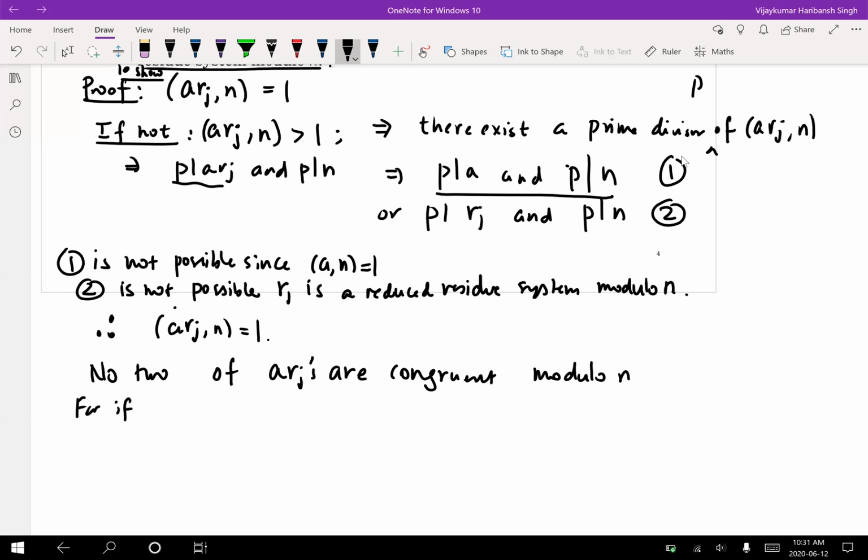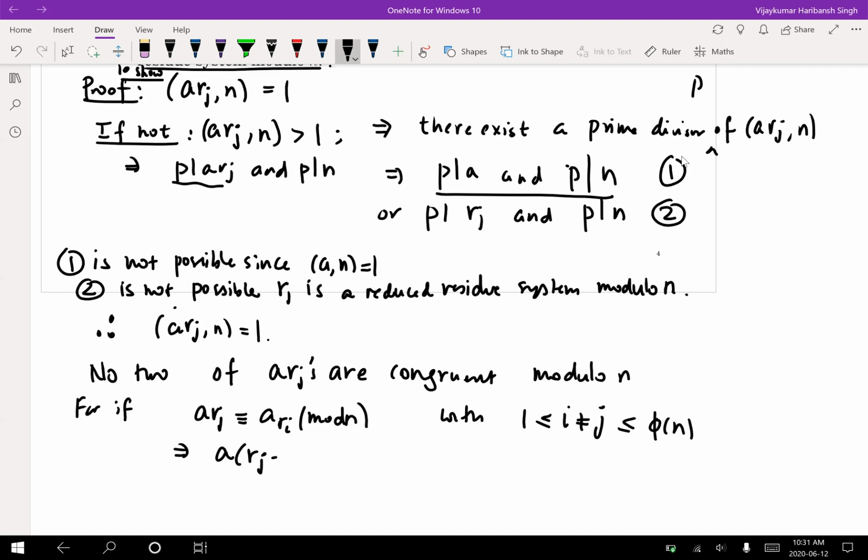For if ARj is congruent to ARi mod n, with i not equal to j, and they are between 1 and phi(n), this would imply A times (Rj minus Ri) is congruent to 0 mod n.